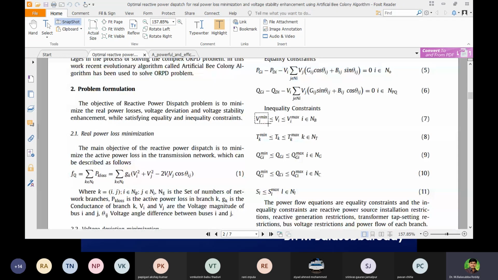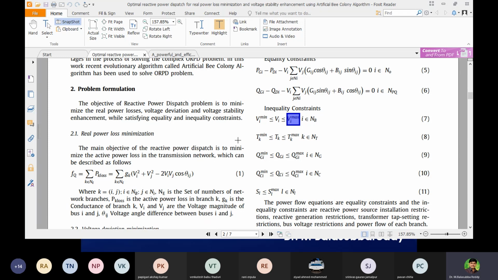I told you the 10% or 5% is allowable. Vi is the voltage at the ith bus, or you can say the first, second, third bus, or any bus in a system. The voltage must always be within a limit. The limit we can choose, whether 10% or 5% or something. It is allowable. That we call an inequality constraint.